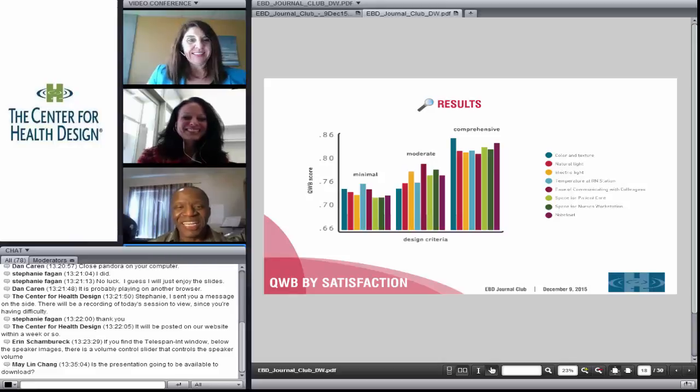On the vertical axis is the QWB score, and we're looking at the design criteria on the horizontal axis grouped by site. We see the basic structure we saw in the original slide, but as we looked at the individual ones, we see some things had more oomph than others. So we see that the turquoise on the left side of the group is significant.